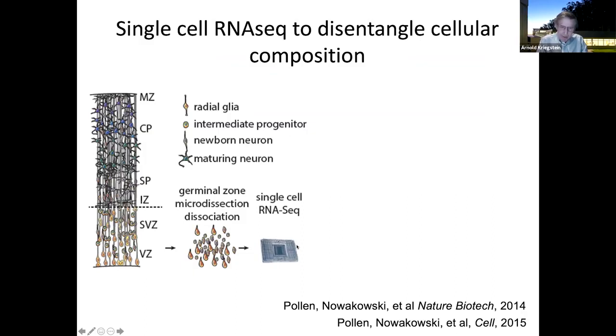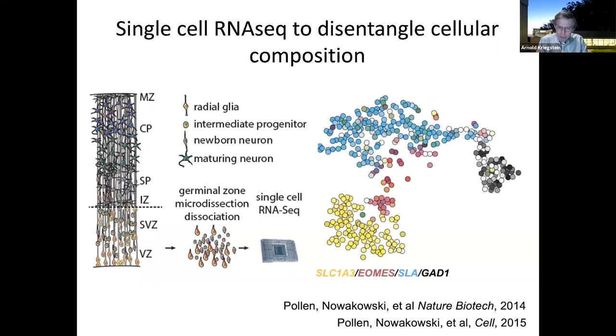Once they were captured and lysed and libraries were prepared, we could look at the individual RNA sequencing of all those captured cells. And so over a course of different ages and multiple samples, we had a collection of about 350 cells that were single-cell sequenced, shown here, and clustered bioinformatically into cell types and color-coded for radial glia, intermediate progenitors, excitatory neurons in blue, and inhibitory cells in black.